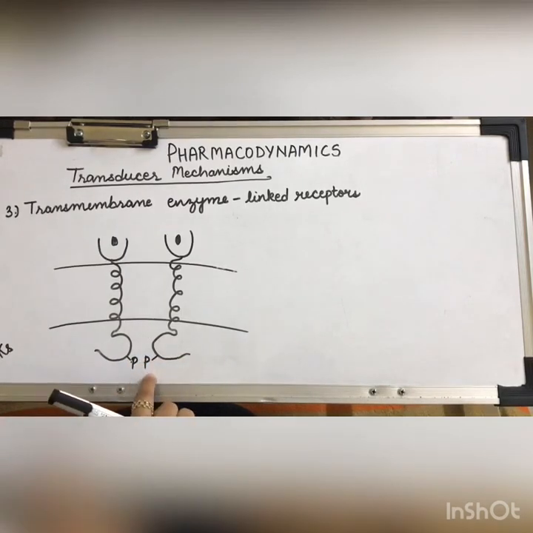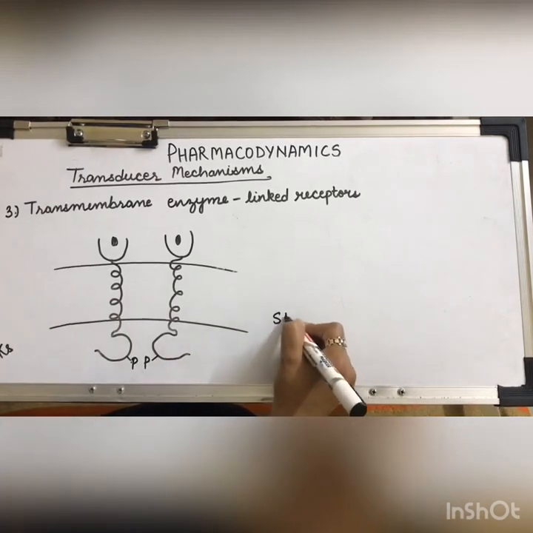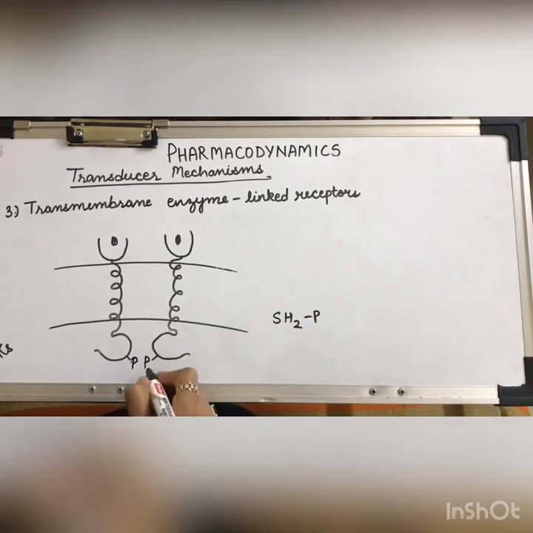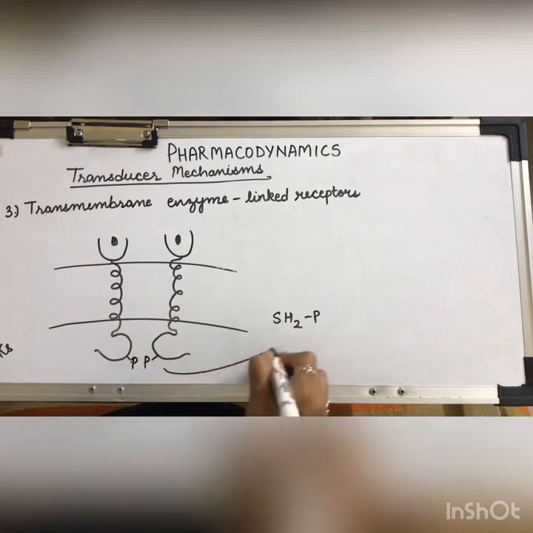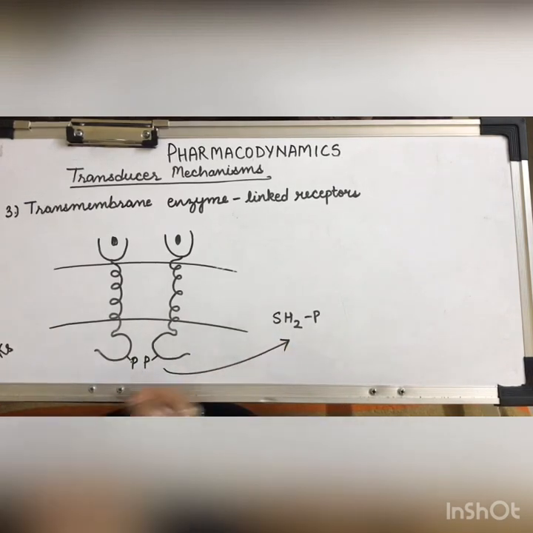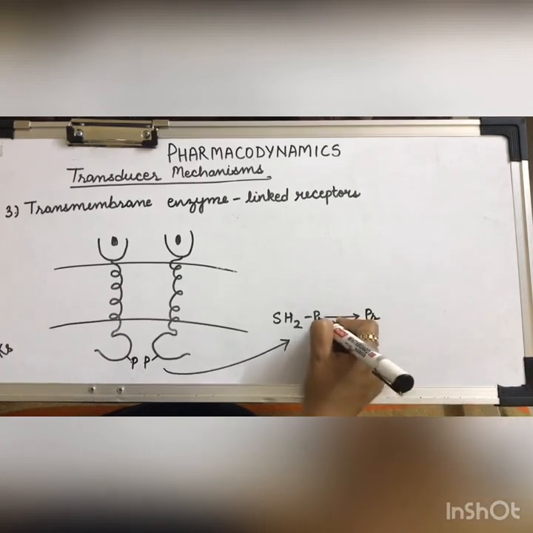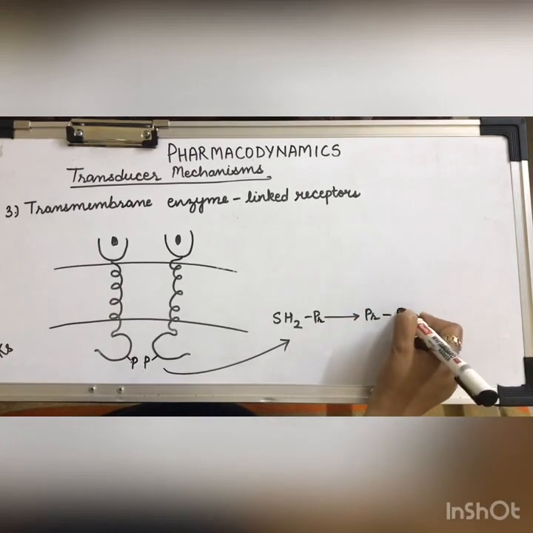Now the phosphorylation of these tyrosine residues will increase the affinity of these enzymes for substrates, especially for proteins which have an SH2 domain. So this phosphorylation will activate these proteins, and phosphorylation of these proteins will take place.